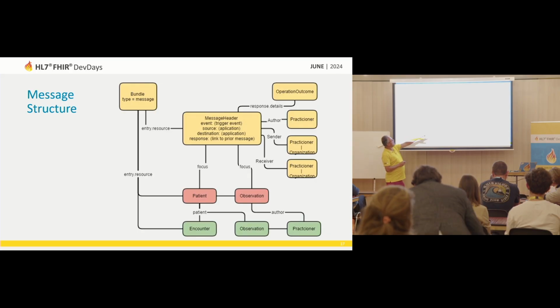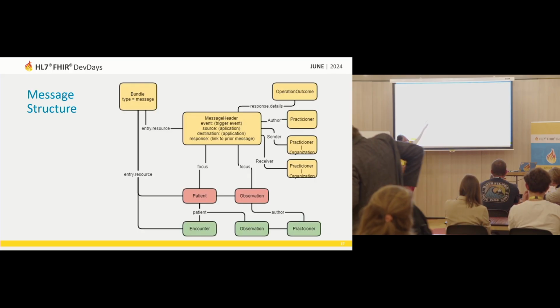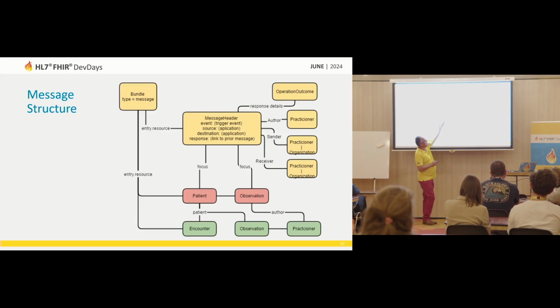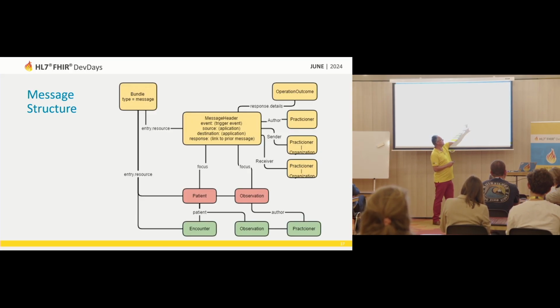Anyway, so what we have is a bundle again, but now a message bundle. And this message bundle has as the core FHIR resource a message header resource with, again, the metadata: sender, receiver, to what patient, etc. And it has the trigger event, which is also in here.